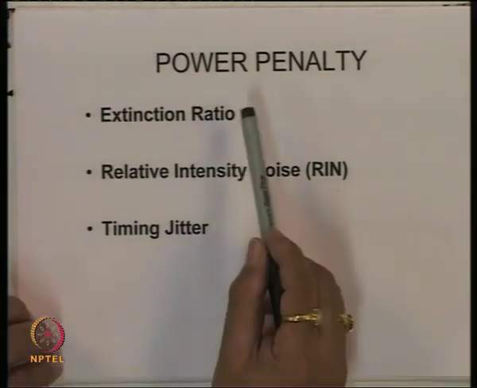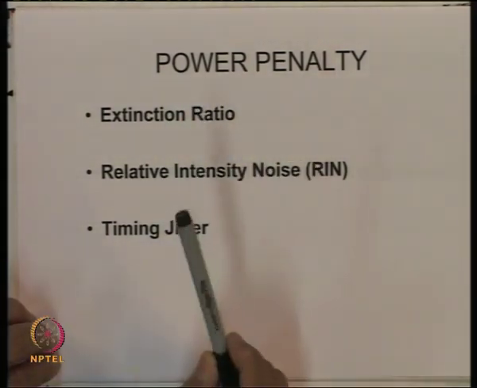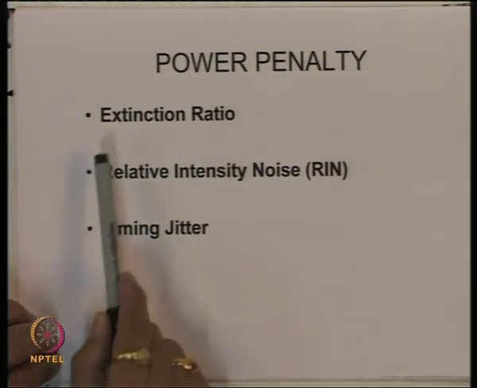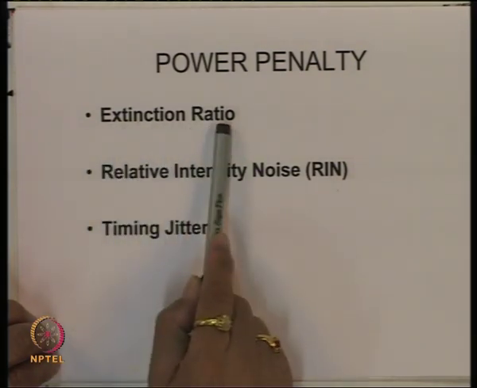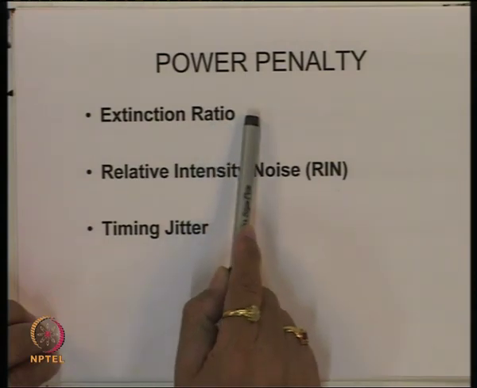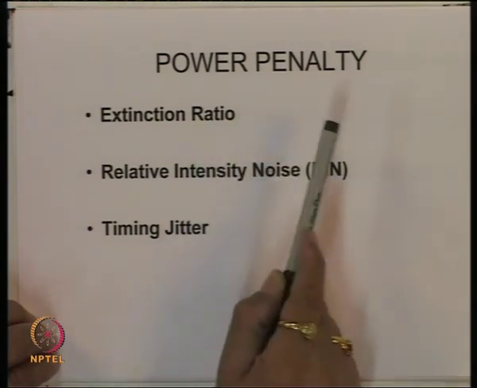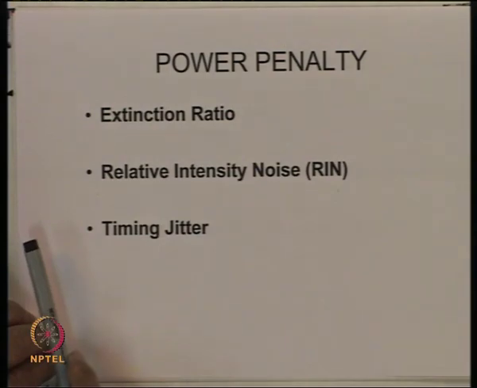And in this case, essentially we are going to discuss the power penalty due to the finite extinction ratio, which is related to the non-zero optical level corresponding to the 0 level of the data.